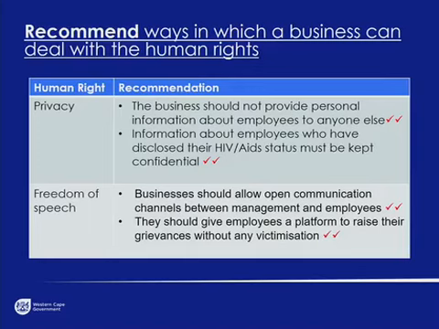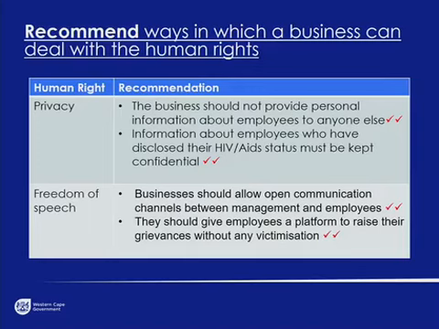Okay, so we're going to look at each of the human rights, and I'm going to give you a scenario where, let's say the question says, recommend 2 ways in which a business can deal with human rights, which means you're going to have to give 2 recommendations. Okay, so let's have a look at the slide. So we're looking at privacy first.